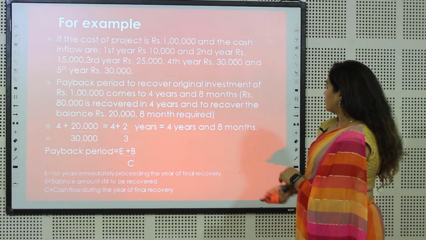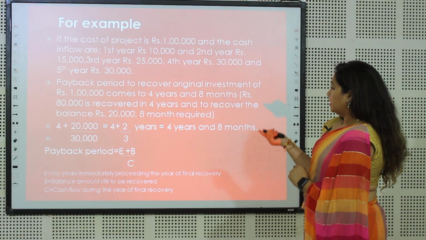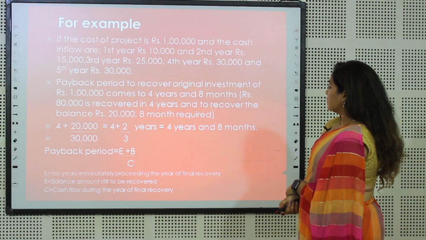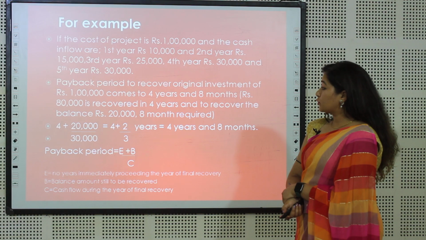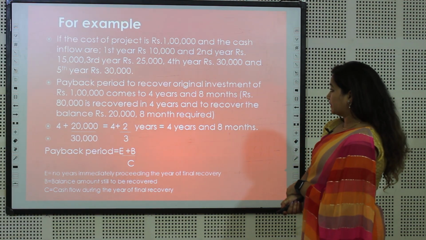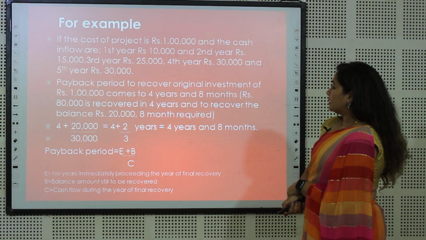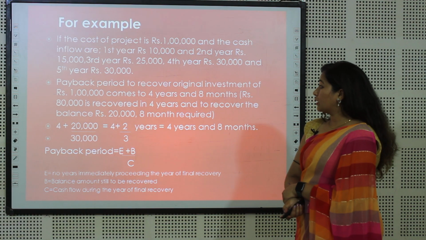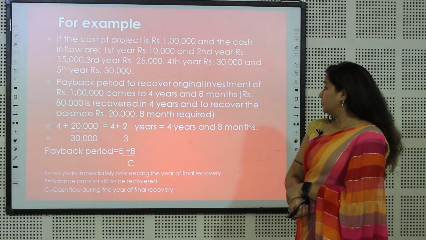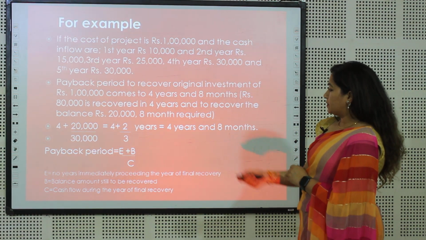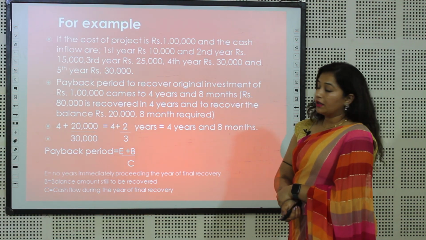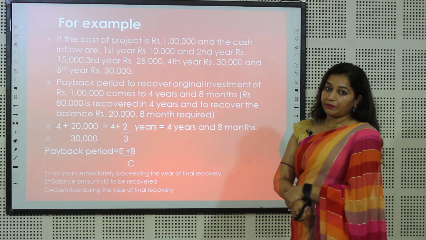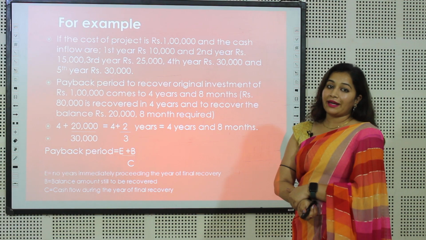So in that situation, the payback period to recover the original investment of rupees 1 lakh comes to 4 years and 8 months. That is, 80,000 is recovered in the fourth year, and to recover the balance of 20,000, 8 months is required. This is the formula to calculate the payback period in case of unequal cash inflow.